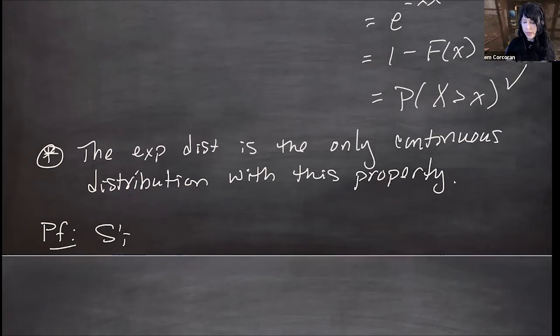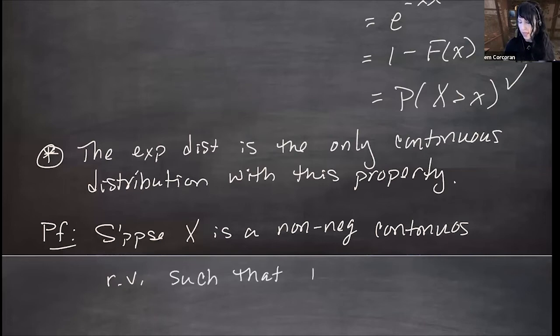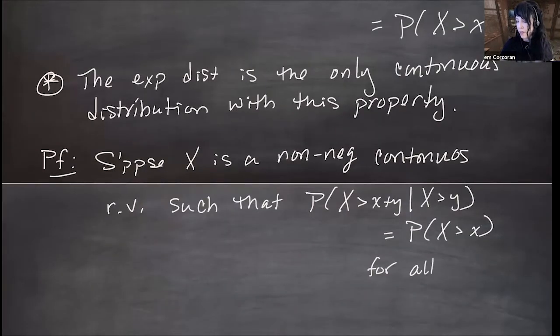So I want to suppose that X is a non-negative or positive continuous random variable, such that this lack of memory property holds for all little x and little y greater than 0. In the continuous case, it won't matter, and this is not required. Again, we might be moving the exponential around on the axis or flipping it, but it'll just make for a cleaner proof if we assume that right now, that everything is non-negative.